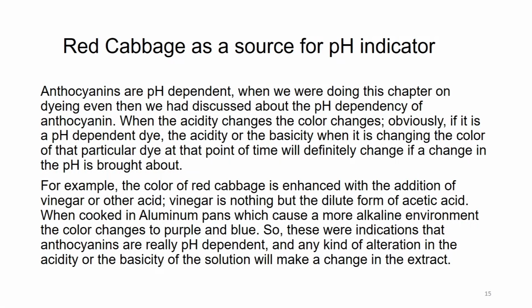Red cabbage also can be a source of pH indicator. We saw alizarin can be a pH indicator, and cochineal can be a pH indicator. So, rose petal also could be an indicator, and likewise there are many plants which can act as indicators, provided they have the capability to get protonated and deprotonated. So, when the acidity changes, the color changes obviously.